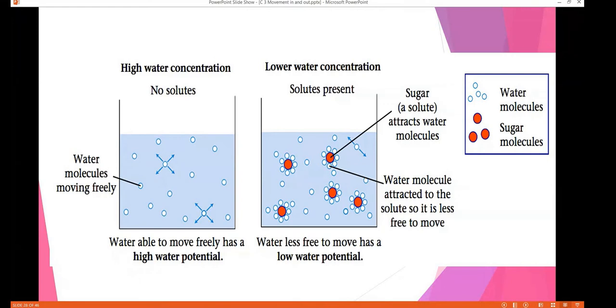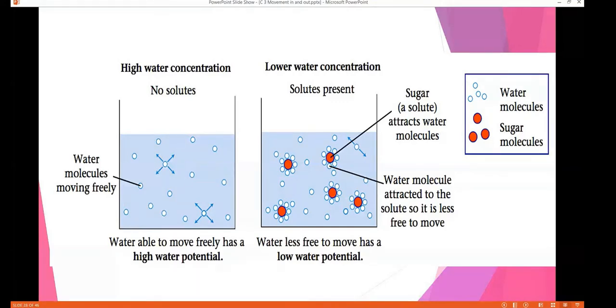On the left side, the water concentration is high because there are only water molecules. That means there is high water potential. And on the right side, you can see the water concentration is low because the solute concentration is more, right? And whenever the water concentration is low, it means low water potential. Is it clear? Yes. Okay.